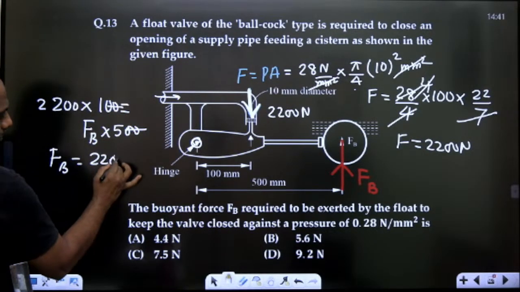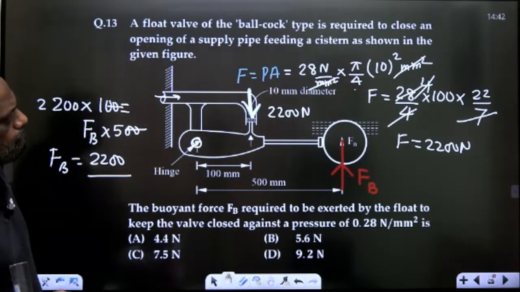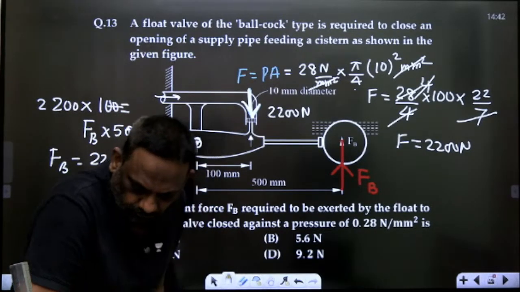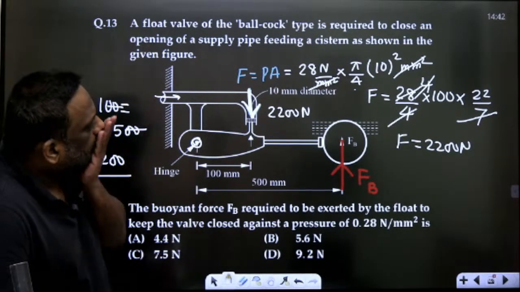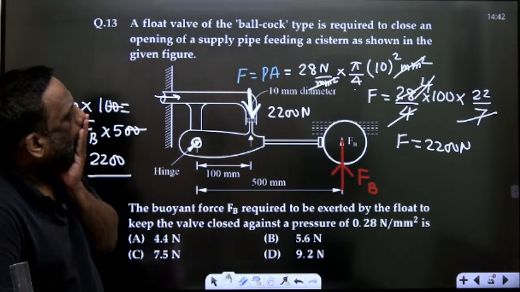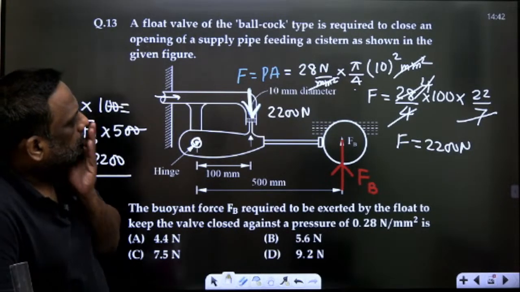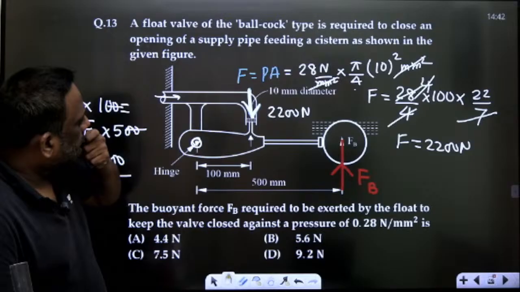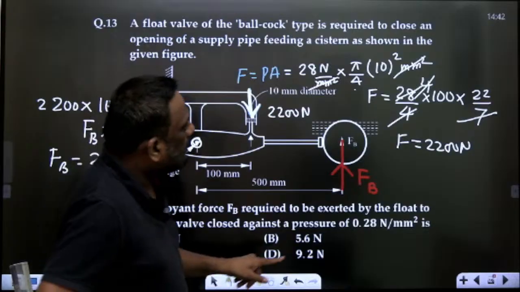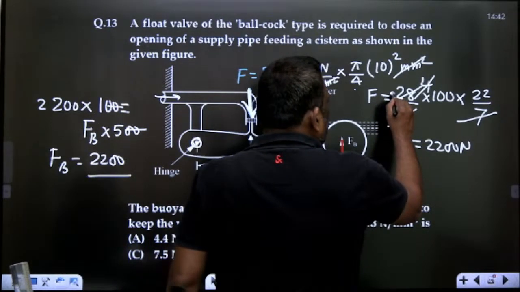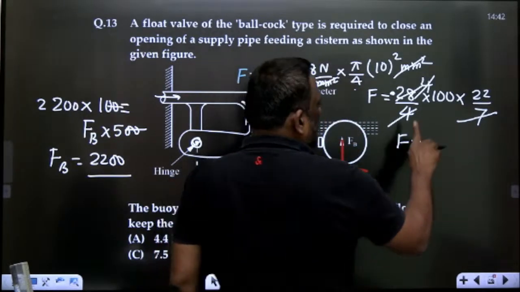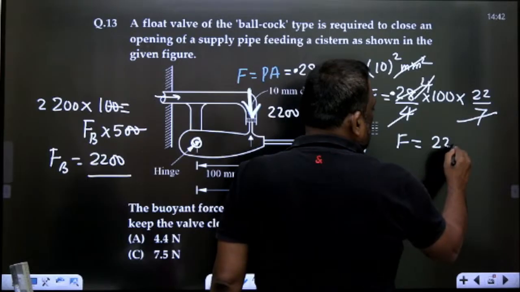So 2200 by... Did we make a mistake somewhere? Oh, the pressure is 0.28. Pressure is 0.28, which means it is 22 Newton.